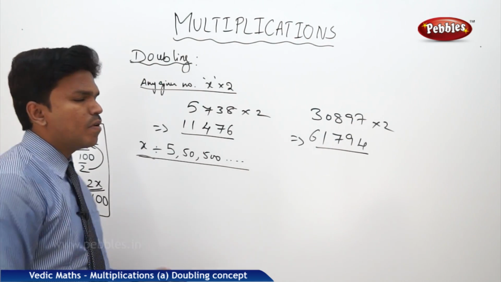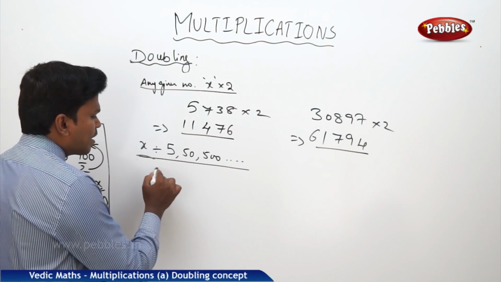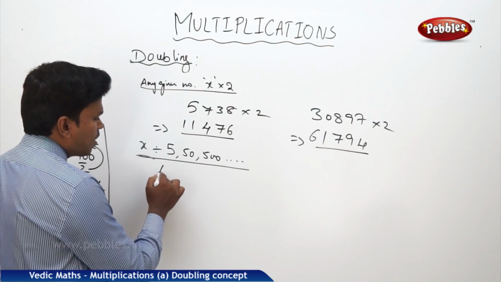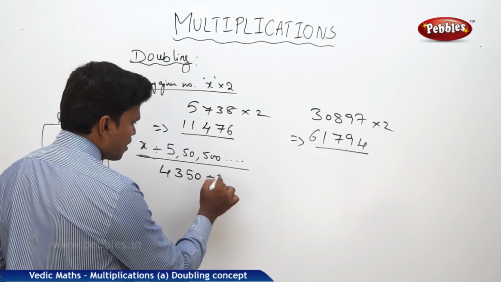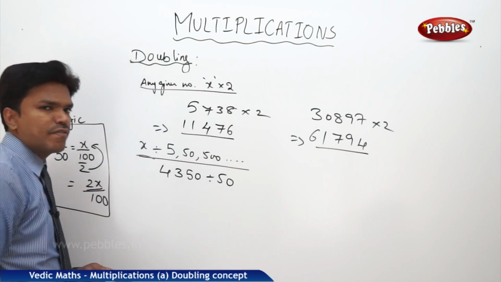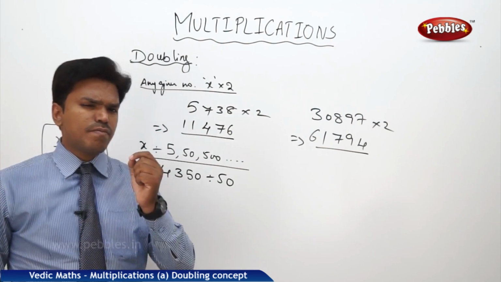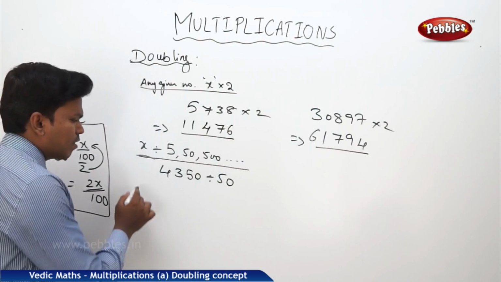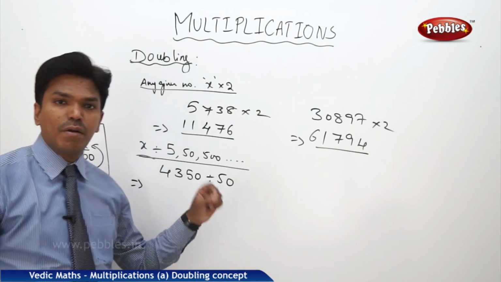Right. Now we will see division by 50. Suppose you want to divide a number by 50, let us take some number: 4350 divided by 50. Here also, you have to do the same thing but with a small change. First, whenever you want to divide any number by 50, simply double the number.